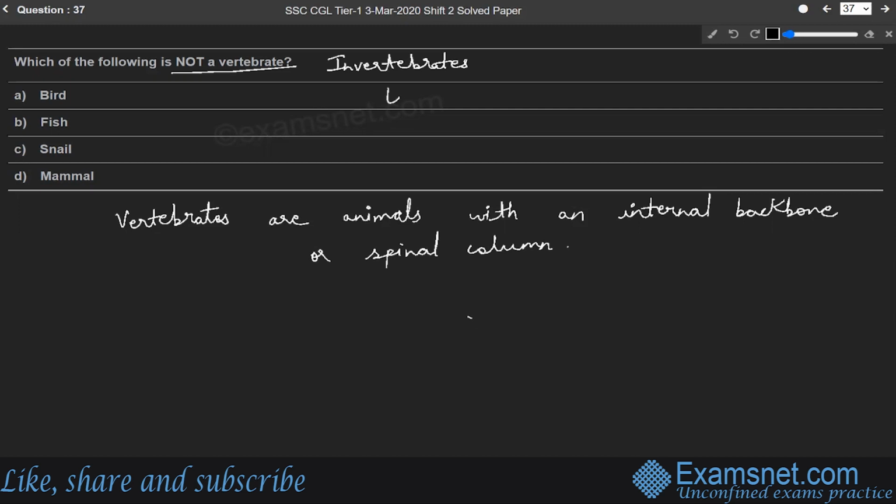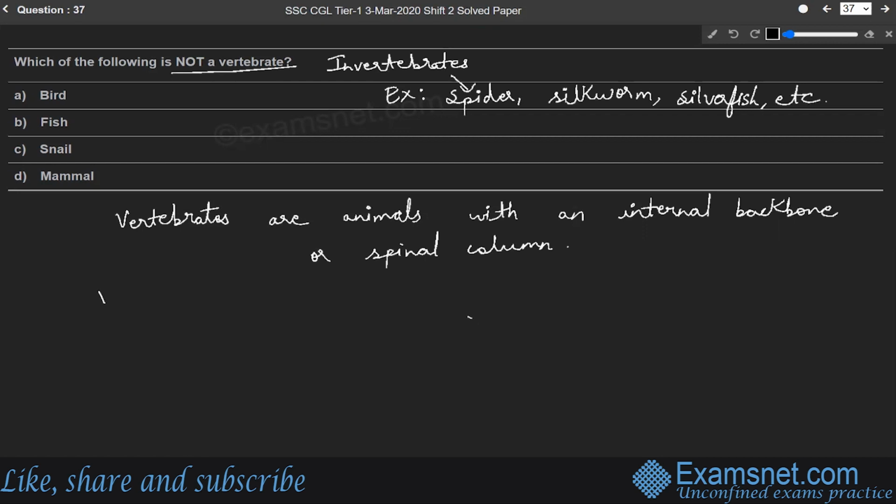For example, spider, silkworm, silverfish, etc. So these are invertebrates.